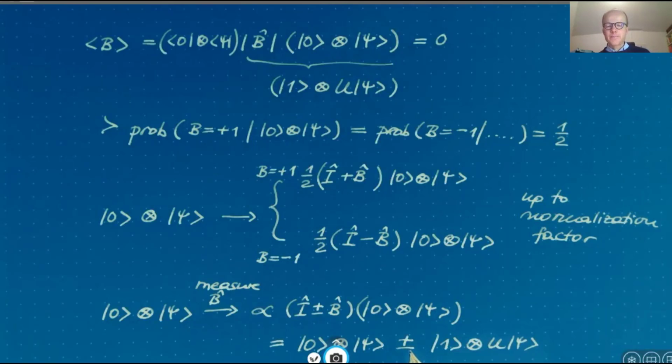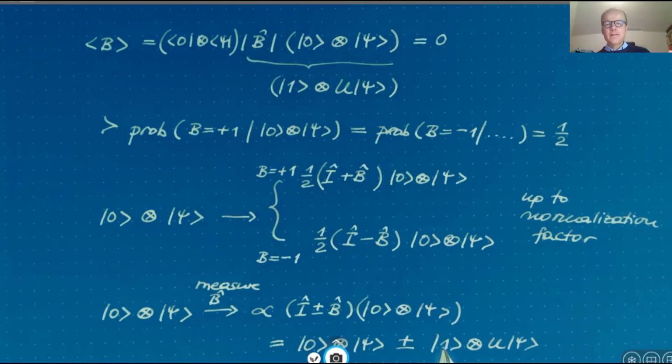Regardless of the outcome, the state after the first measurement is a superposition with equal absolute value of the amplitudes of these two tensor product states. In particular, when you now perform a measurement only on the first qubit in the standard basis, then you will find 0 with probability 1/2, or you will find 1 with probability 1/2.